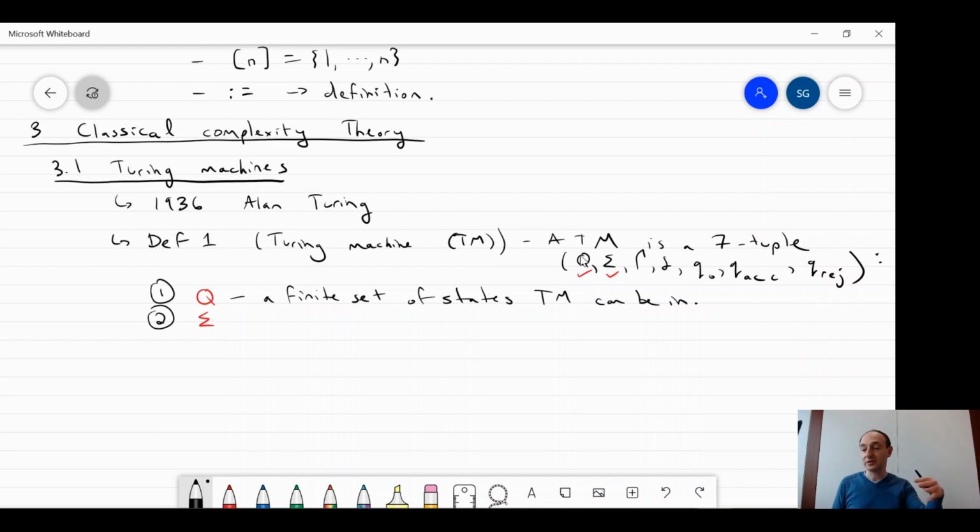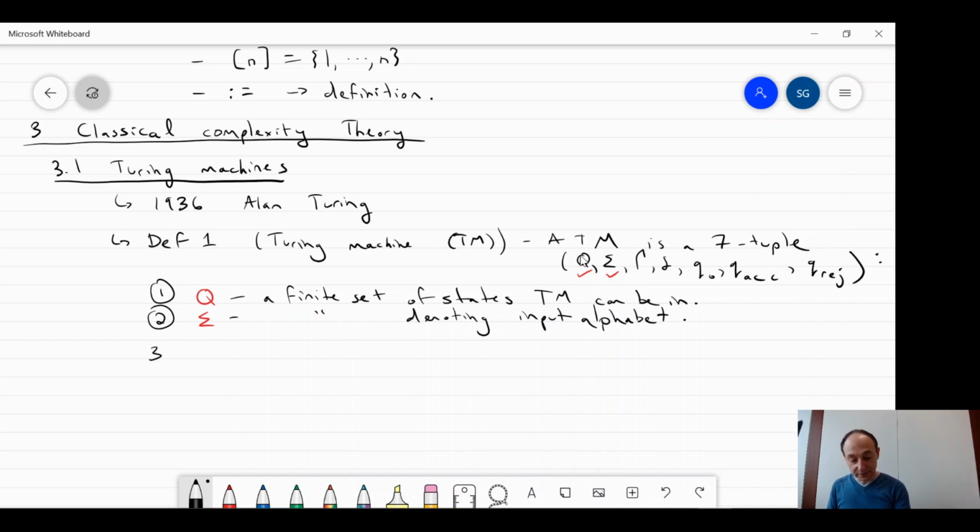You're going to write the input with respect to some alphabet. So this is a finite set denoting the input alphabet. These are the symbols with which the input is going to be written on your tape before the Turing machine starts.